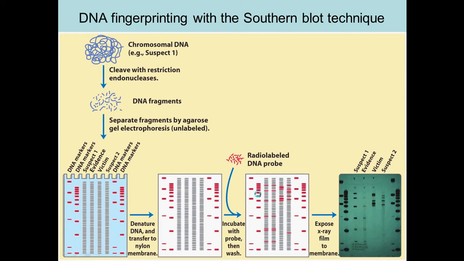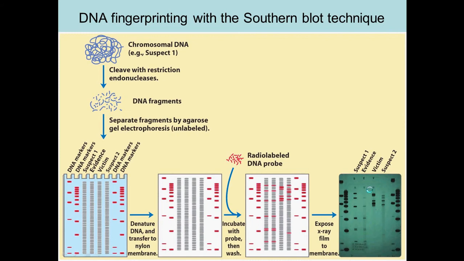You're going to use repeats or microsatellites and stuff like that for these. And then you're going to compare the evidence with the suspects and the victim also, just to make sure you can find the victim's DNA.